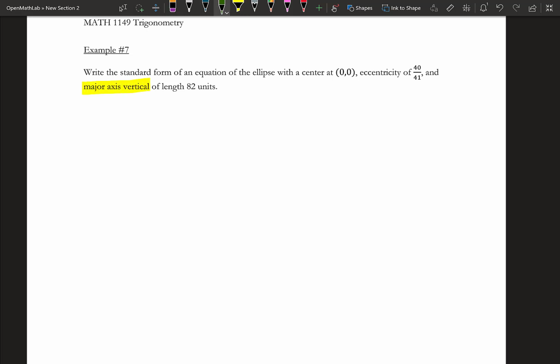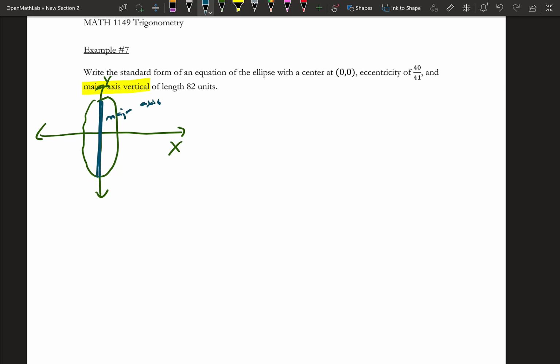So what that tells me is my picture is going to look like this, where this is the x-axis and this is the y-axis. So this here is my major axis, which has a length of 82 units. That tells me that a must be equal to half that, which is 41.